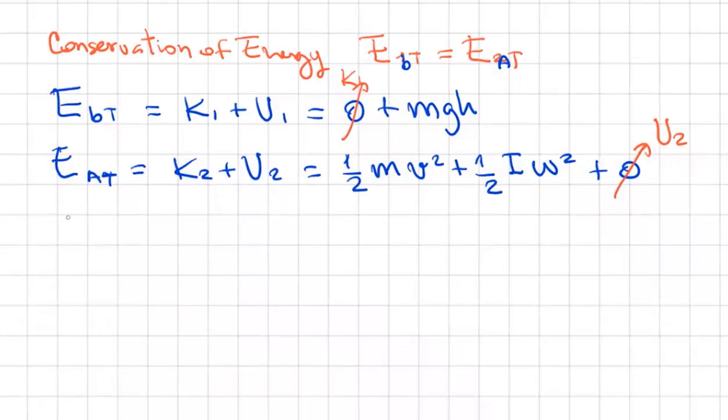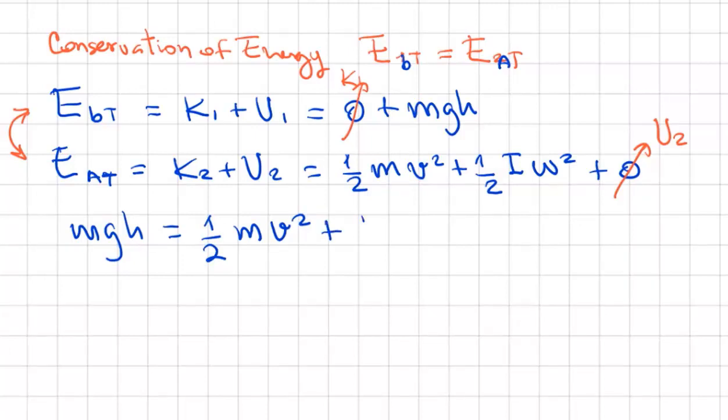Because this is equal to this, we can write mgh equal to 1/2 of the mass v squared plus 1/2 of the moment of inertia w squared.